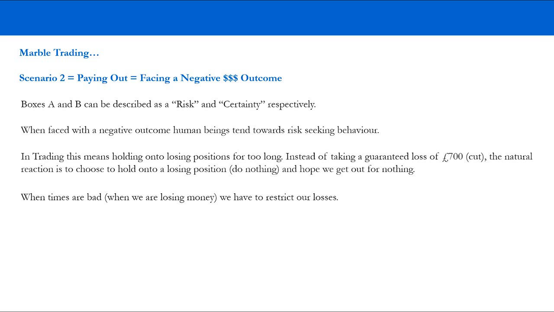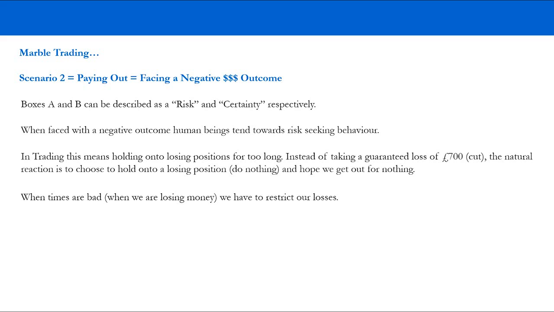And if you recall, if you pulled a blue marble, you have to pay me £1,000 from box A. If you go in box A and pull a red marble, you pay me nothing. And if you put your hand in box B, you have to pay me £700. And if we think about this in the same way as we looked at it before, the boxes haven't changed.